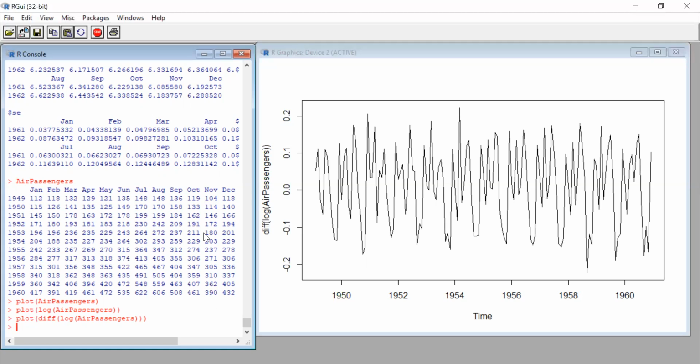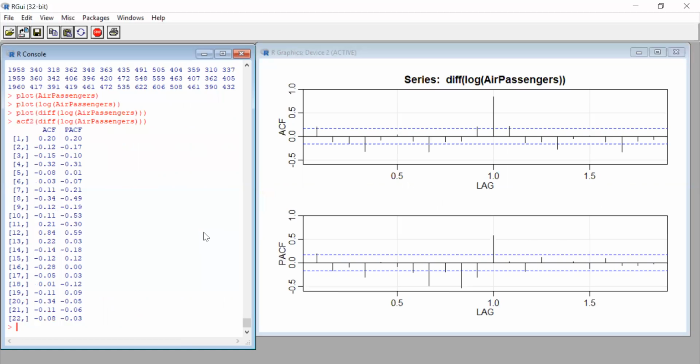So now let me take the ACF and PACF using the ACF function. So it is the ACF and PACF after we took the transformations. But you know, here's lag 1, and after the end of the plot is lag number 2.